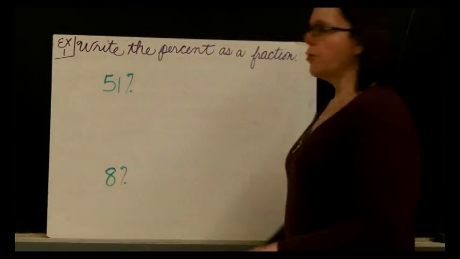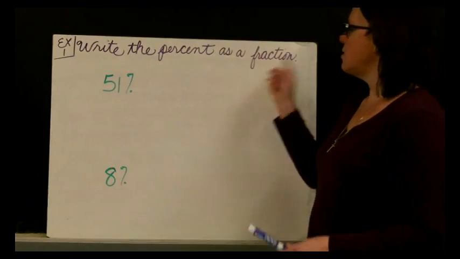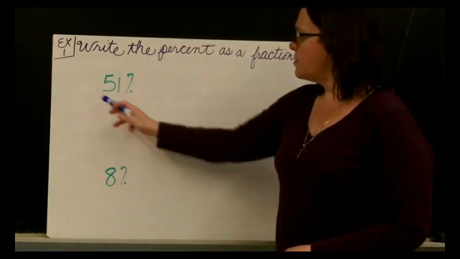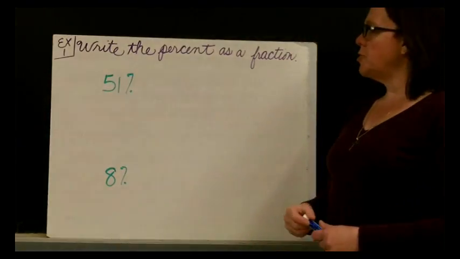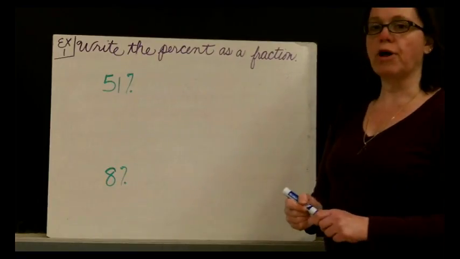Here's the first of our 4 examples. Take a look at the directions. Write the percent as a fraction. Well, here is 51%. What we're going to do is express 51%, just as we're told, as a fraction.